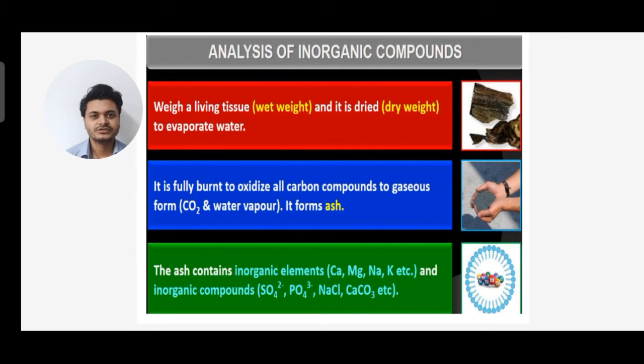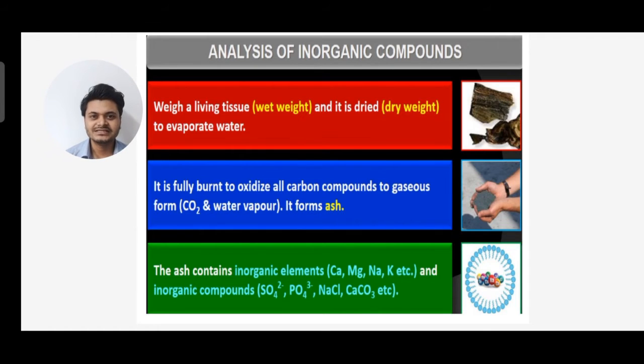All right. So first we took a living tissue and weighed it, then dried it to evaporate water, and again took the dry weight. Then it was fully burnt to oxidize all carbon compounds to gaseous form, so the carbon dioxide and water vapor were lost and it forms ash.